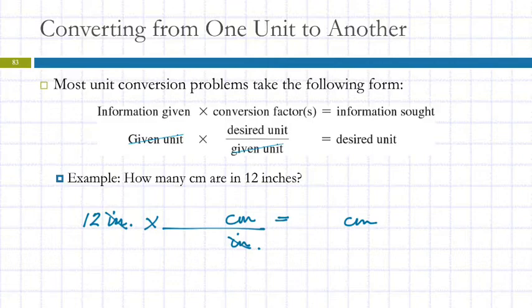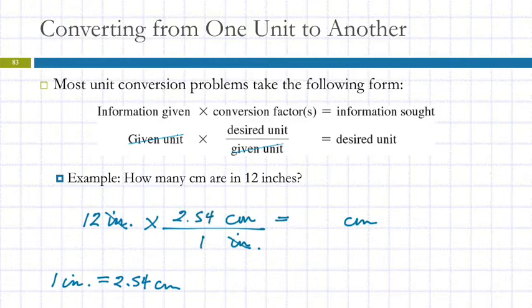So we just talked about that one. 1 inch is 2.54 centimeters. At first you might not remember that, but you can look it up. 1 inch equals 2.54 centimeters. Well, I've got centimeters on top. I'm going to take the side with centimeters and put that on top.